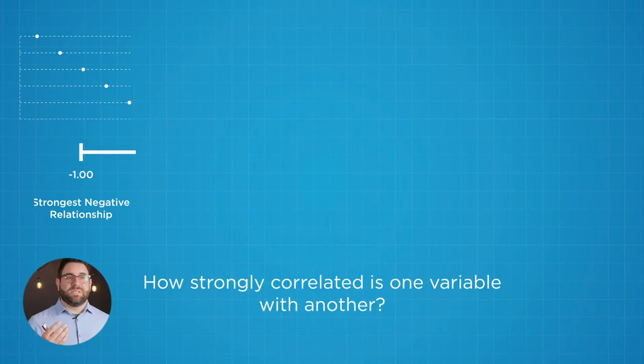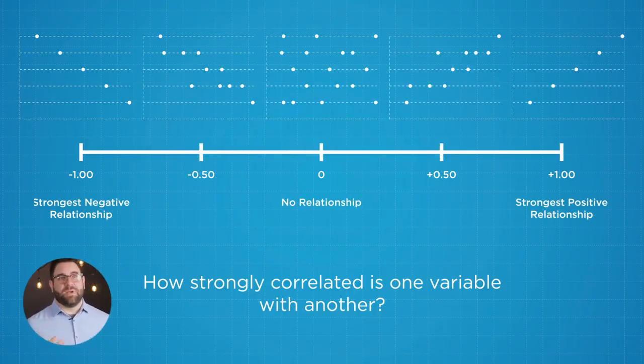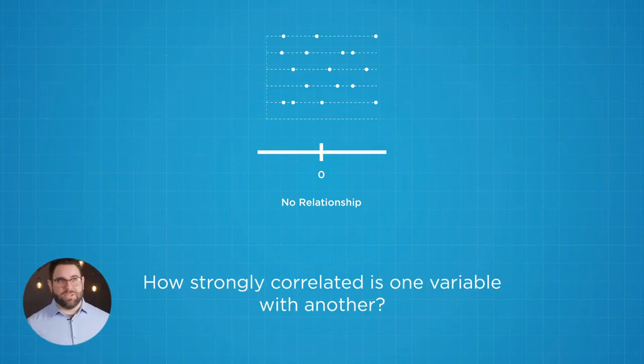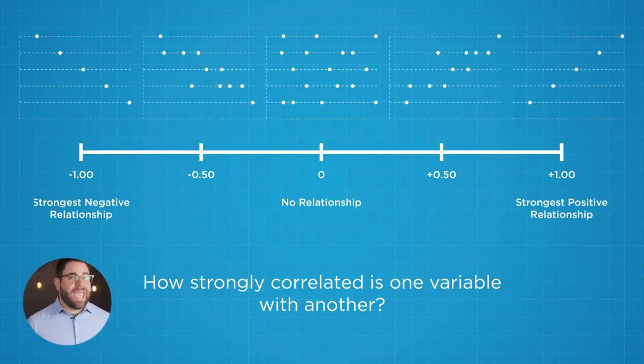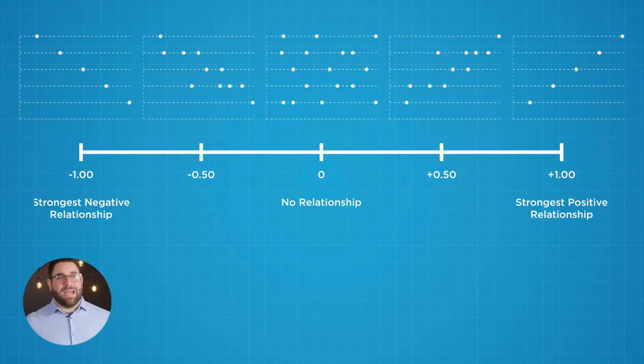Again, as one goes up, the other goes down, versus positive, as one goes up, the other goes up. You can have a zero relationship strength, and essentially there's no correlation between the data points at that level. Anything from 1 to negative 1 can be what we represent Pearson's R with. Anything beyond that wouldn't really work because nothing can be more perfectly correlated than 100%. It doesn't make sense.